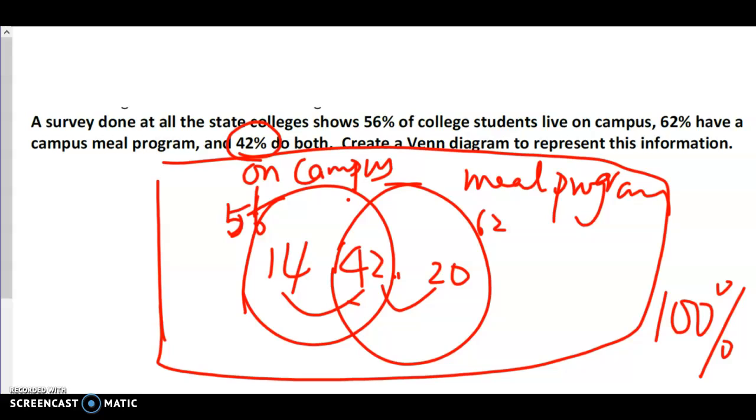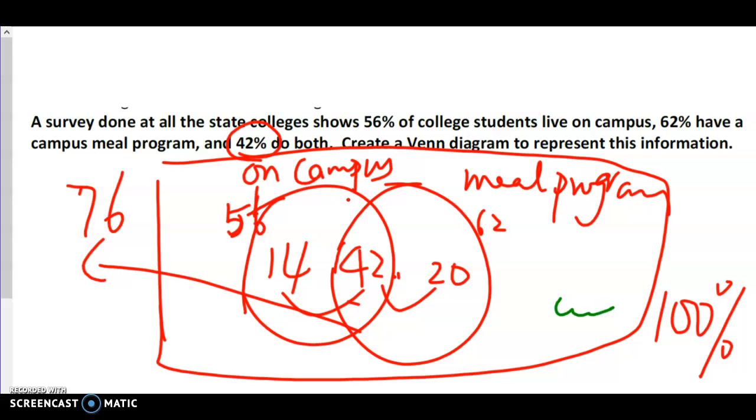So that is 14 plus 42 plus 20. The total here is 76. That means the total in the circles is 76. And as I said, the universal set, which is the box or rectangle, is 100. So that means there is another part of students who are outside, somewhere here.